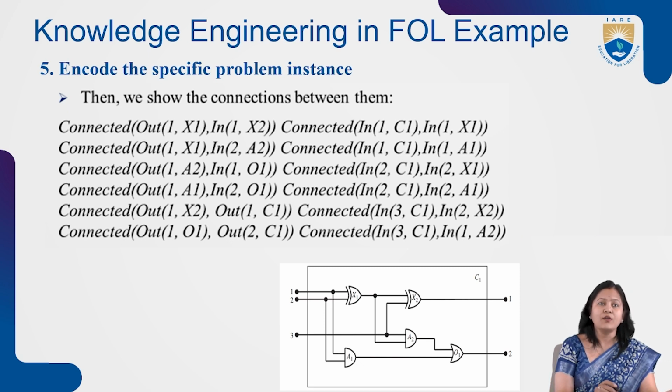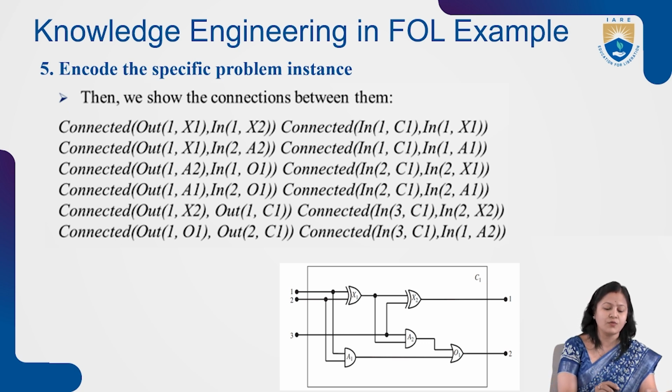So we already know connected is one of the functions, and the connected function requires two arguments. One is the in argument, another is the out argument. Anything is okay, but it should satisfy our circuit. So by observing the circuit, we have to define the statements.